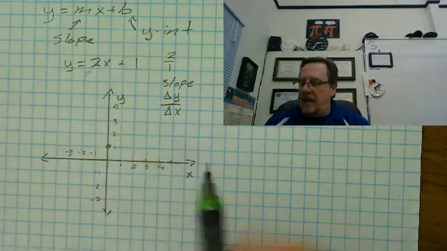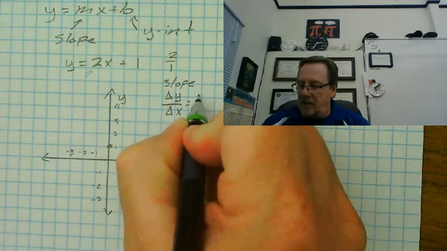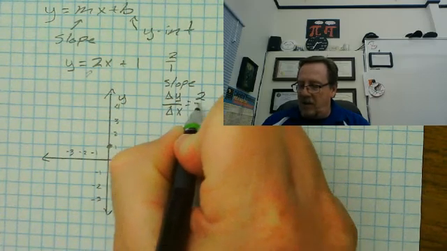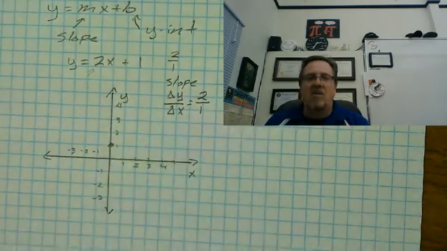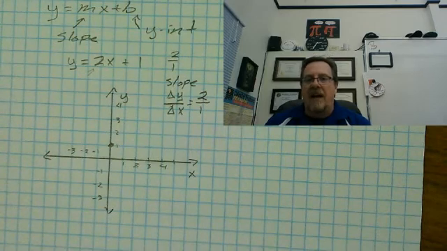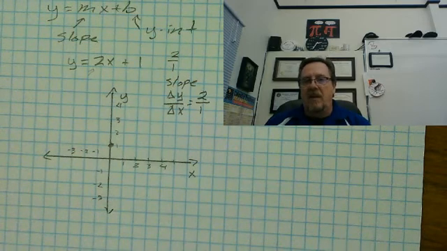Our slope is 2, so that tells us that in this case our slope is a change of 2 in the y direction over 1, since 2 over 1 is a fraction that can be used to represent the number 2. That tells us that we're going to go changing y by 2, and we're going to go changing x by 1.